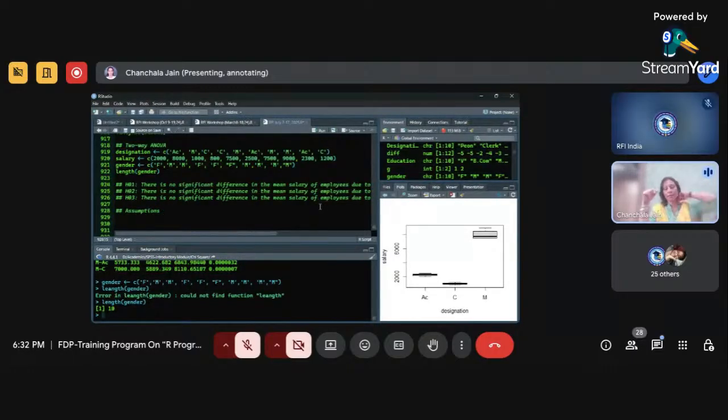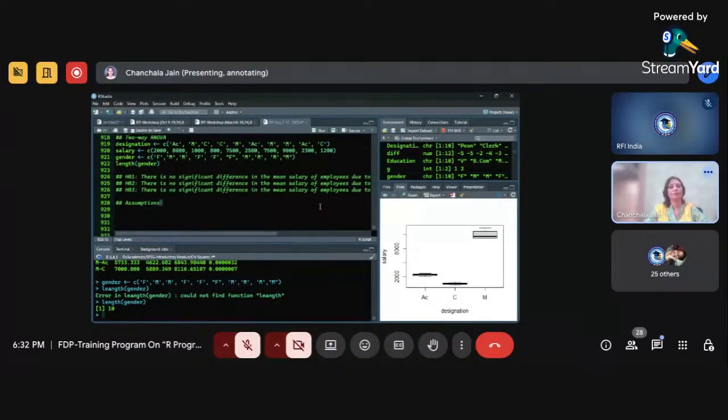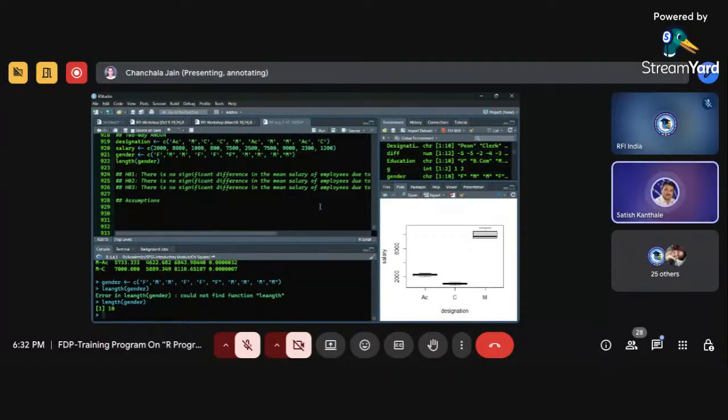And in the last one, you are combining both. So you are looking for the interaction effect of both the independent variables, and you want to see whether these are making any changes in the salary. Clear, everyone? Ma'am, the last one is what? Combination of designation and gender, no? Yes.